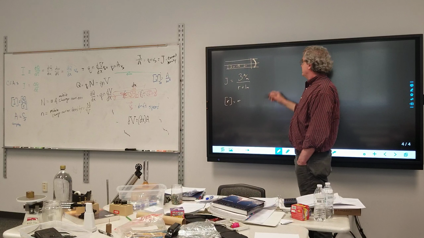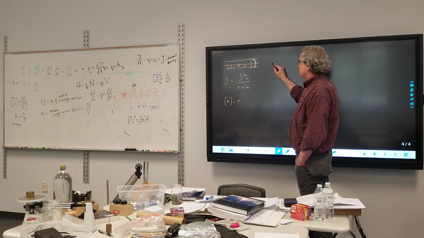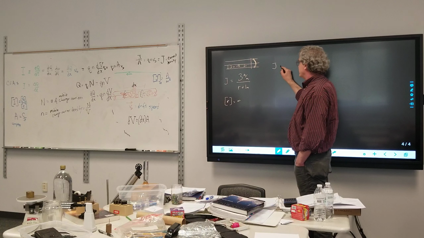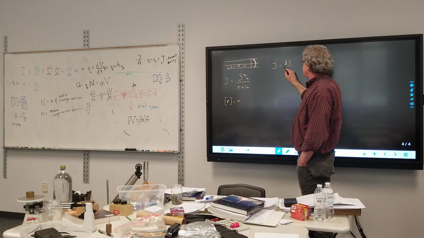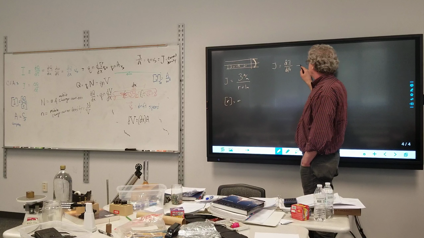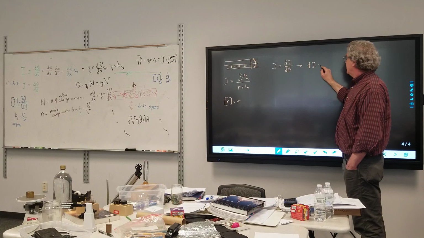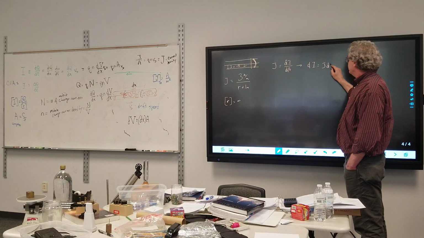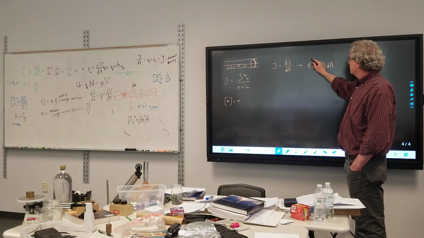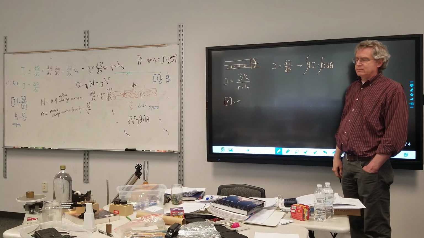So to find current, I know that that's the non-calculus version of it, but this is dI/dA, so therefore dI is equal to J dA. And we can integrate.